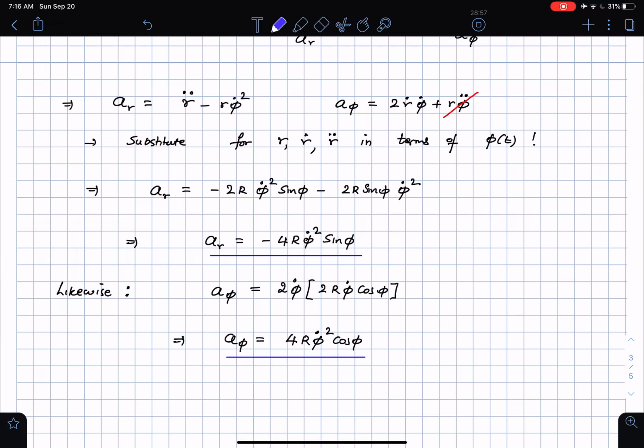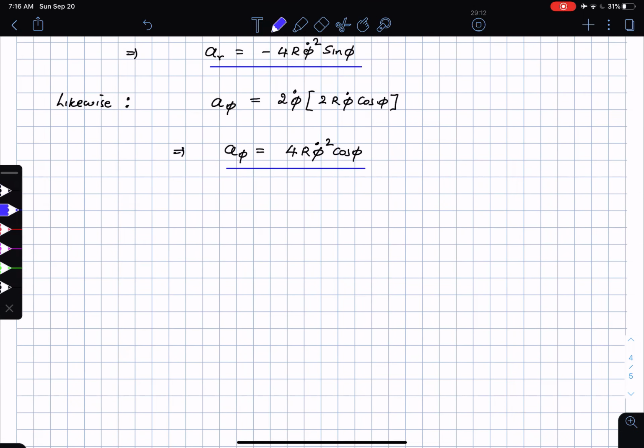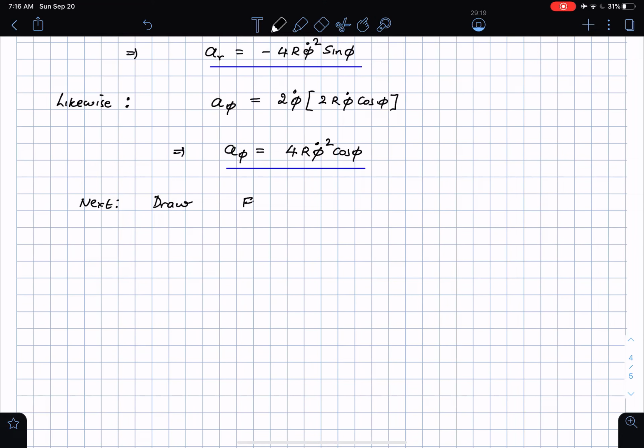Okay, and then what do I do now? So once I'm done with the kinematics part of the problem, so this is all the kinematics and the geometry part of the problem, then I go back and look at my free body and kinetic diagram. So my next step: draw the free body diagram and the kinetic diagram at some arbitrary phi of t.